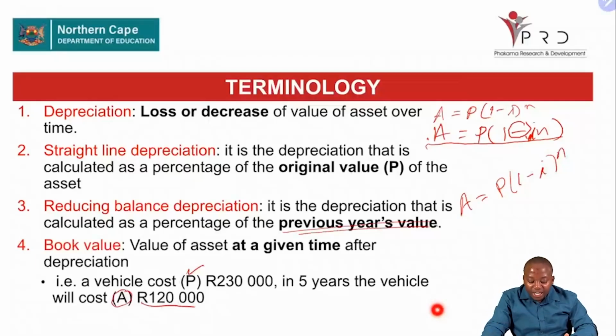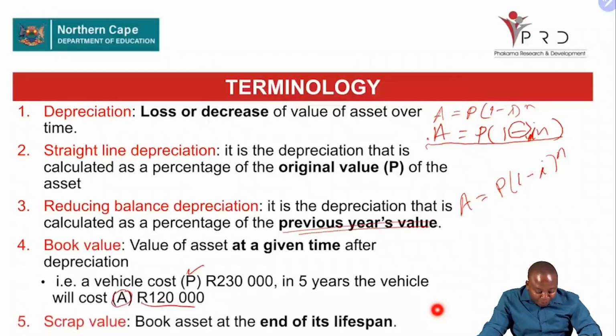But under depreciation, it's a different scenario. My present value is higher than my future amount. I use a certain amount to buy that vehicle of 230,000 right now, but the future value will be 120,000. It means now my A will be less because it has depreciated.